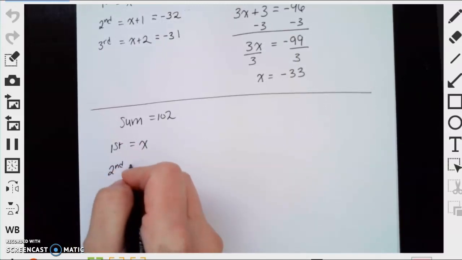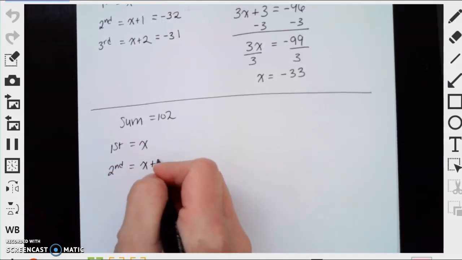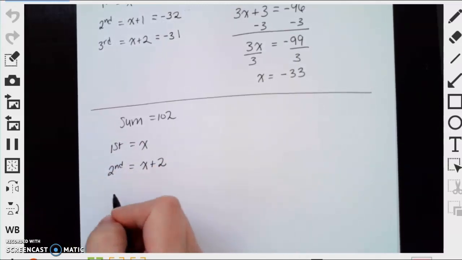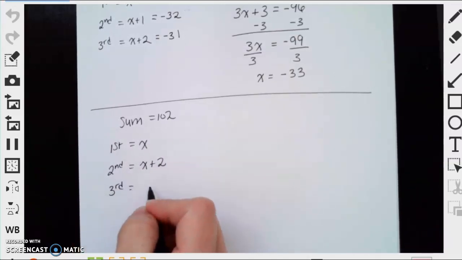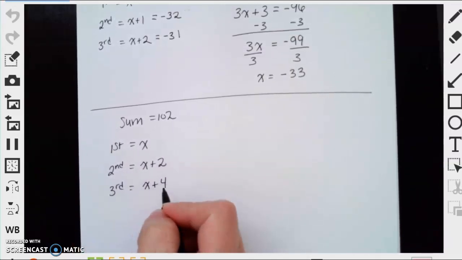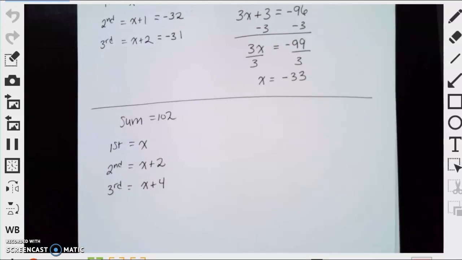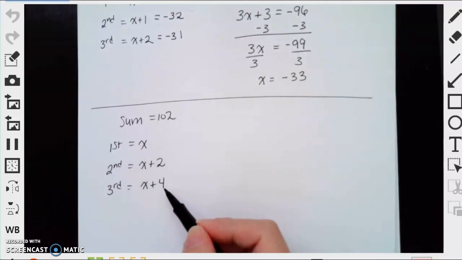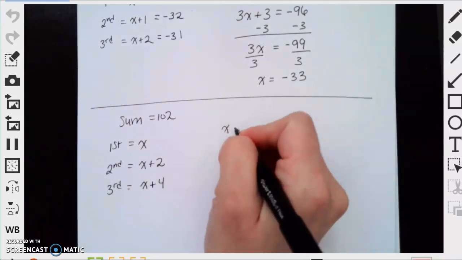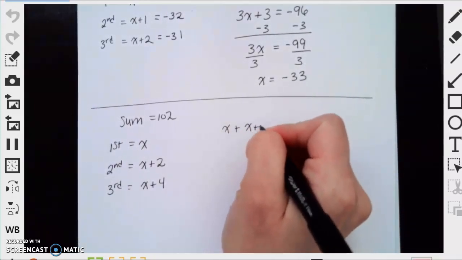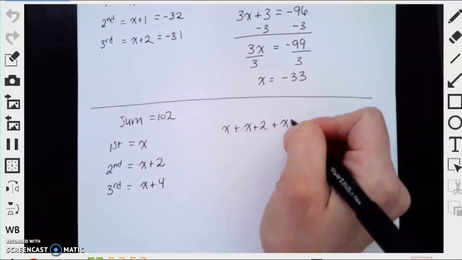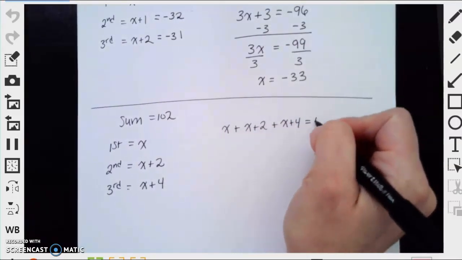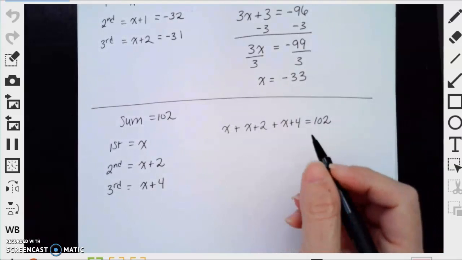Because I'm looking at even integers, I'm going to skip 1, so the second is x plus 2. The third would be x plus 4. All right, and I know the sum is 102, which I wrote down here. So I'm taking these 3, adding them together, x plus x plus 2 plus x plus 4 equals 102.